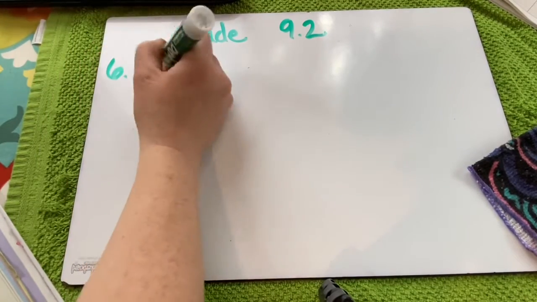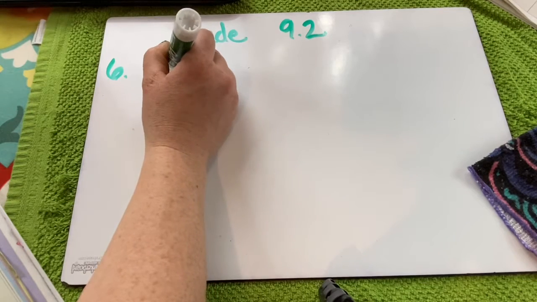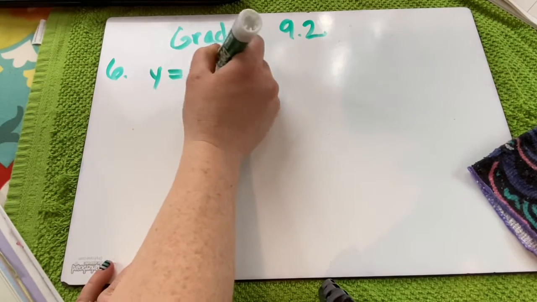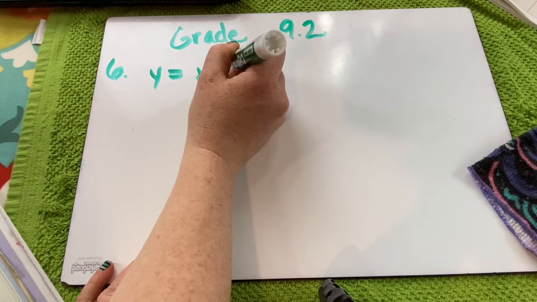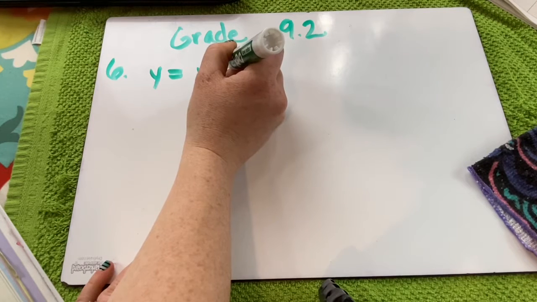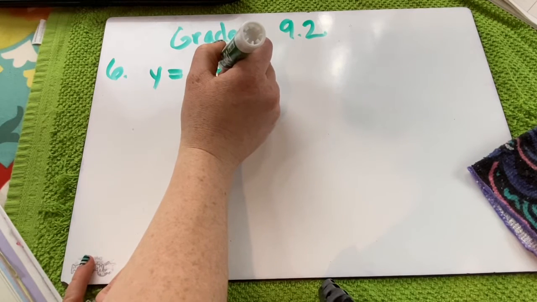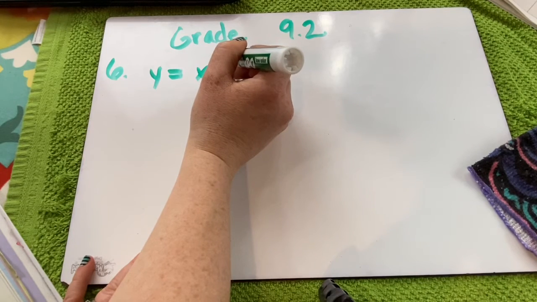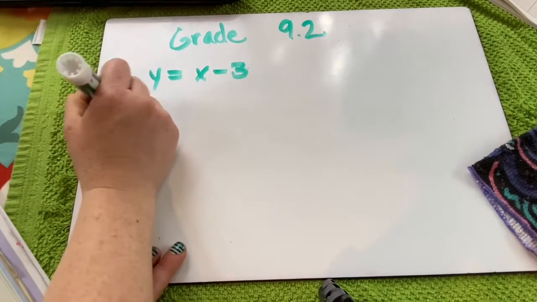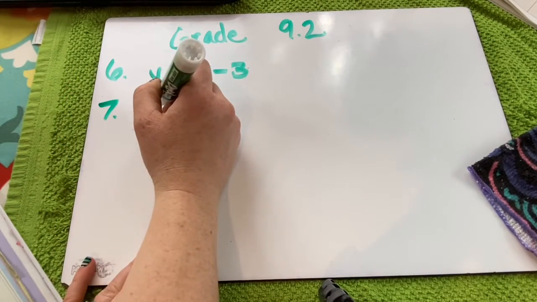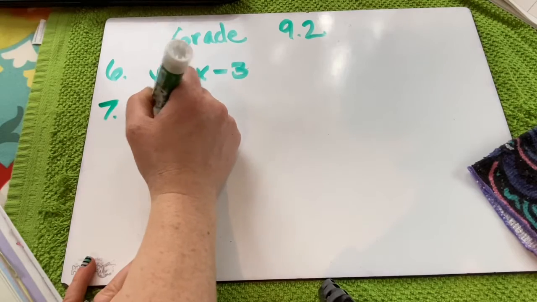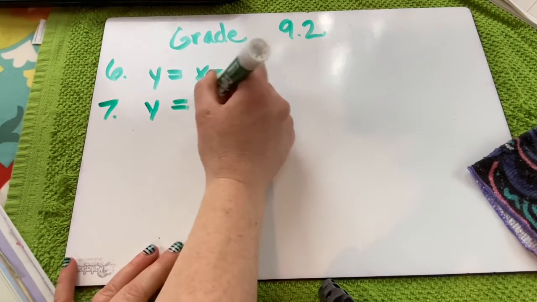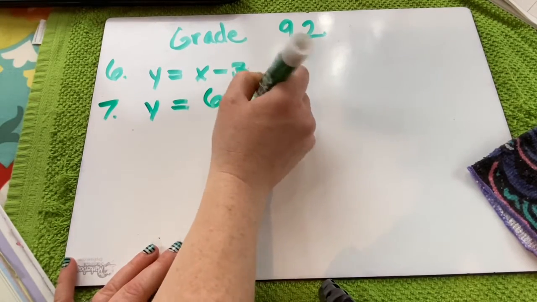So number 6 is y equals x minus 3. The output is 3 less than the input. Okay, number 7. The output is 6 times the input, 6 times x.